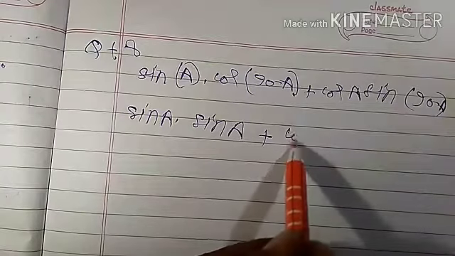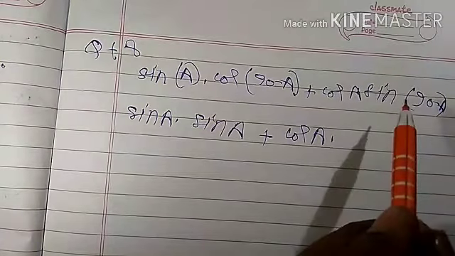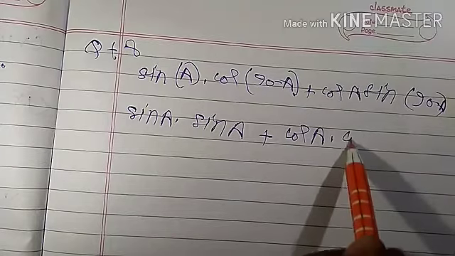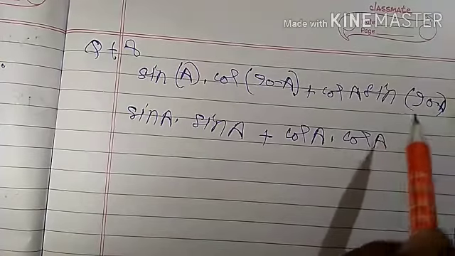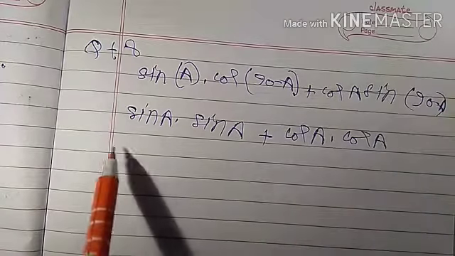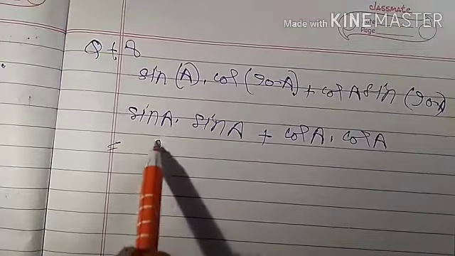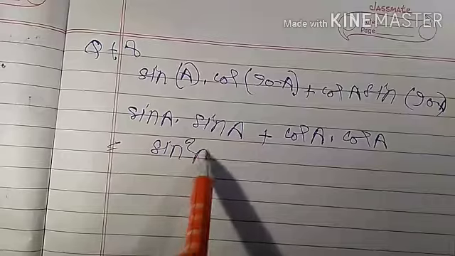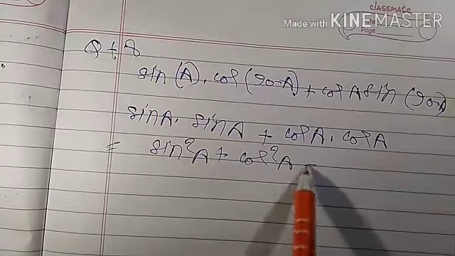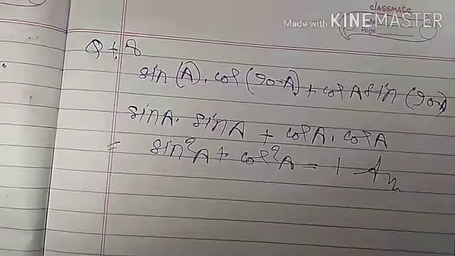Then cos A into sin(90 − A): sin changes to cos, so we can write cos A, and 90 − A is in the first quadrant where all functions are positive, so cos A. So sin A into sin A, sin² A, plus cos A into cos A, cos² A, is equal to, we know, 1. That is the right answer.